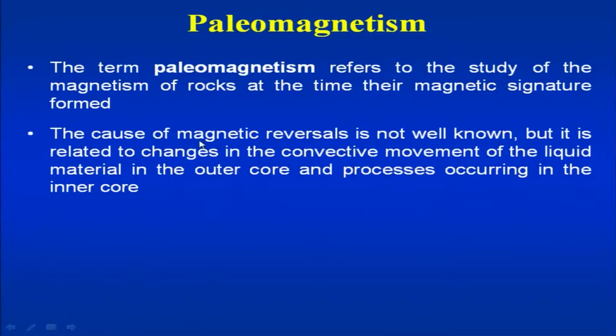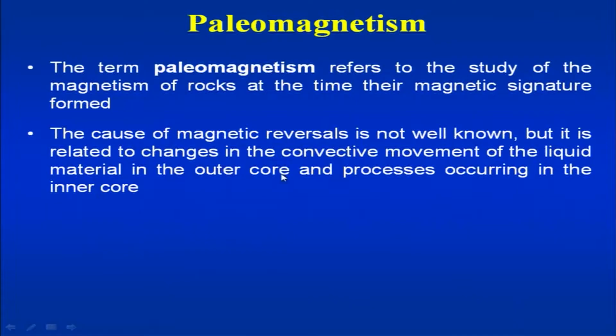The causes of magnetic reversal are not fully known, but it is related to the change in the convection movement of the liquid material in the outer core and the processes occurring in the inner core. So, in short, if there is disturbance in the convection movements, then the polarity may change.